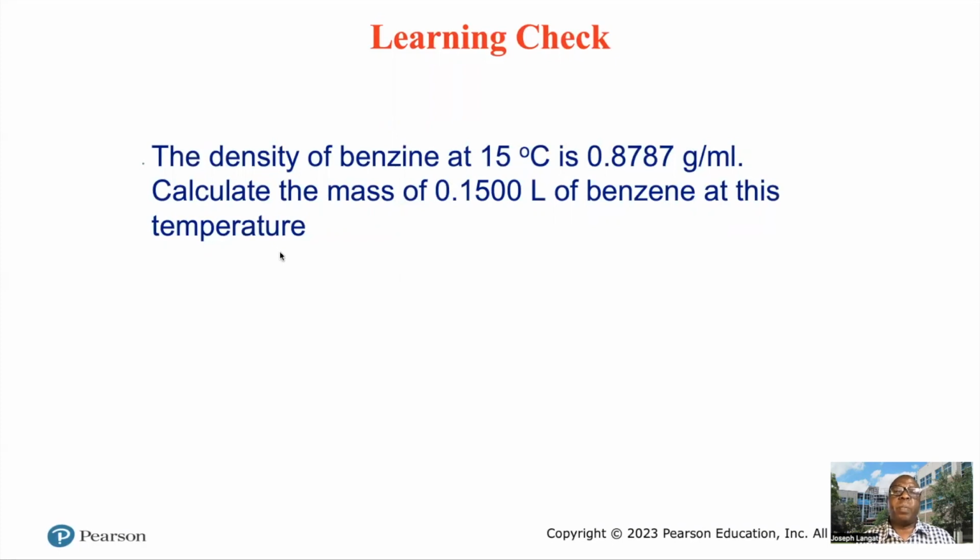Quite often students miss such problems. They know the equation. I may give it to you in the exam, but what you will fail to do is take note of the units. This is in ml and this is in liters. If you just use the equation without paying attention to the units, you'll get the wrong answer. And if it is multiple choice, you will pick the wrong answer.